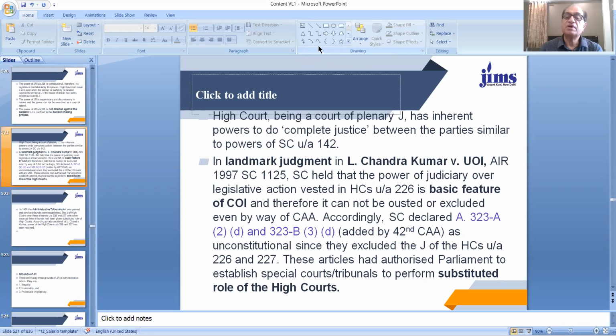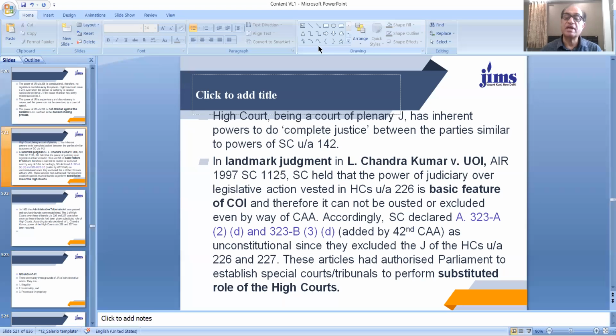Accordingly, the Supreme Court declared Articles 323A(2)(d) and 323B(3)(d), which were added by the 42nd Constitutional Amendment Act, as unconstitutional. Why? Because they excluded the jurisdiction of the high courts under Articles 226 and 227.